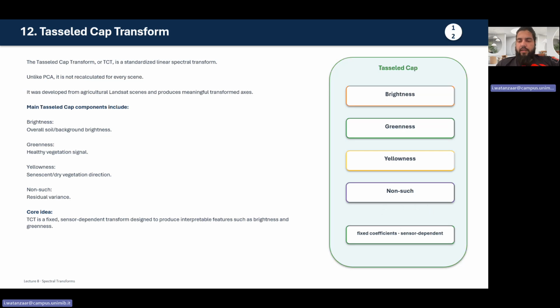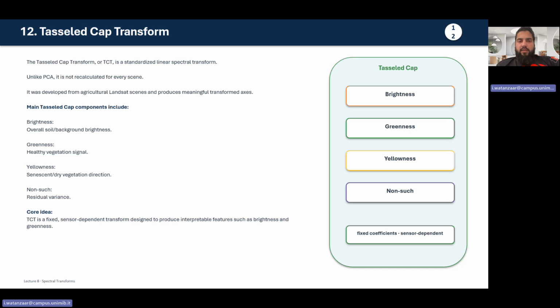We have in linear transformation another operation or analysis tool, which you can call Tasseled Cap. The Tasseled Cap transform, or TCT, is a standardized linear spectral transform. As we are discussing spectral transforms, all these analyses are more relevant to spectral analysis.